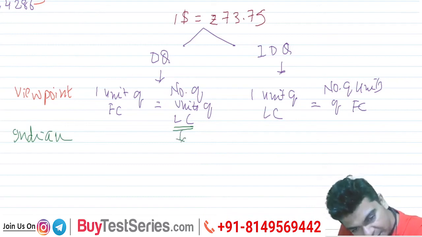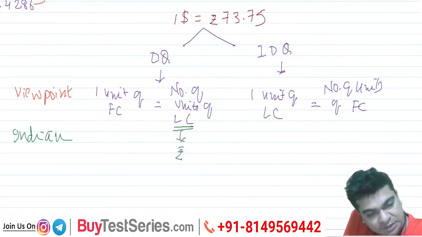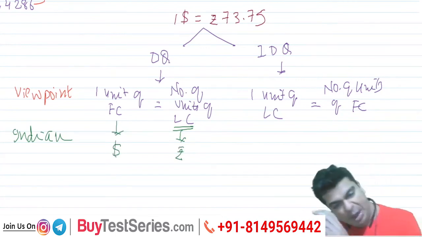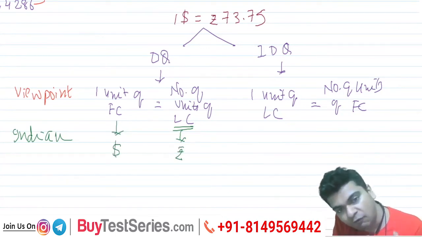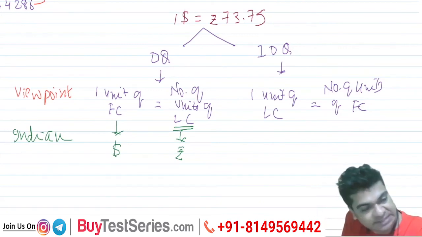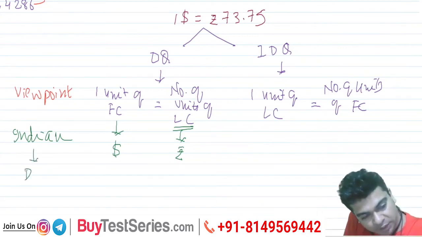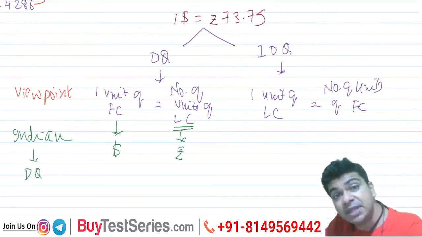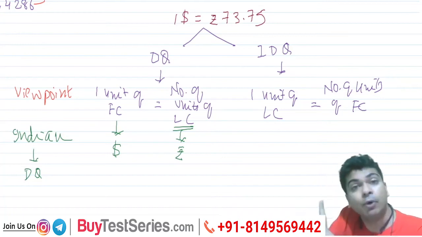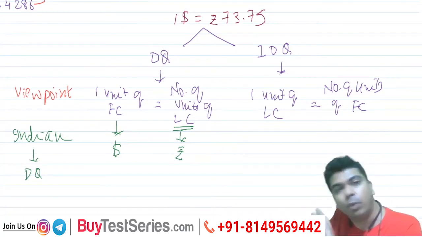Local currency over here is rupee. And what is the foreign currency? The foreign currency over here is dollar. So I am saying this is 1 unit of foreign currency equals how many units of local currency? And hence I will say it is a direct quotation. So the quote on the screen is a direct quotation provided it is an Indian viewpoint.